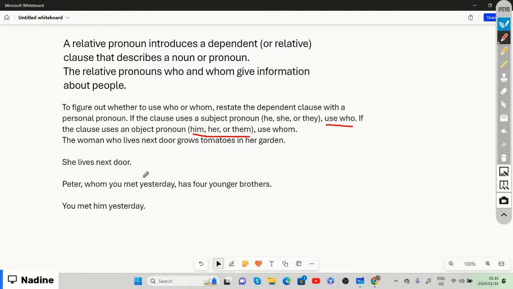For example, the woman who lives next door grows tomatoes in her garden.